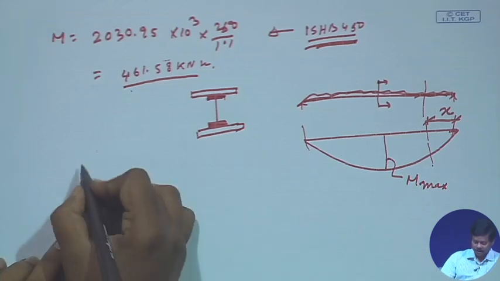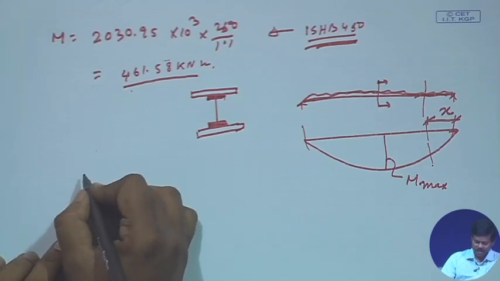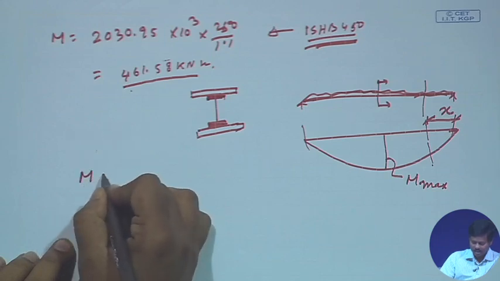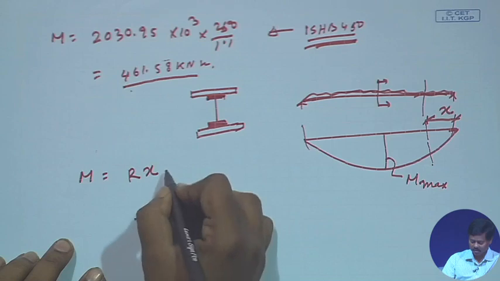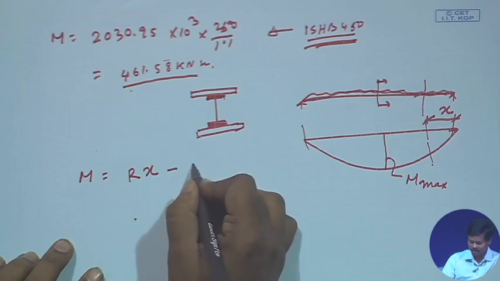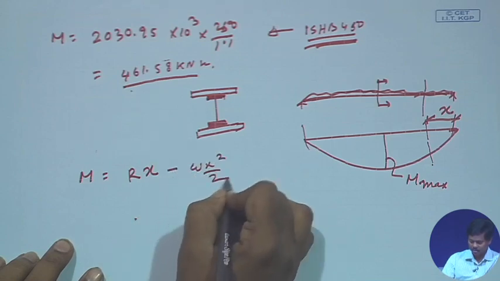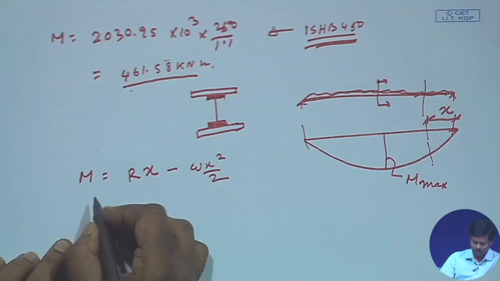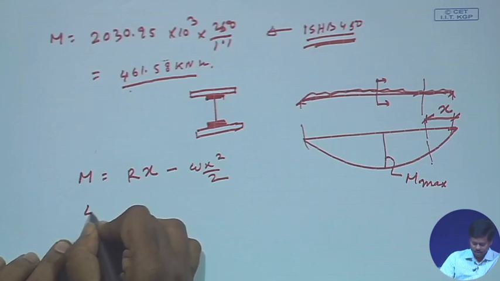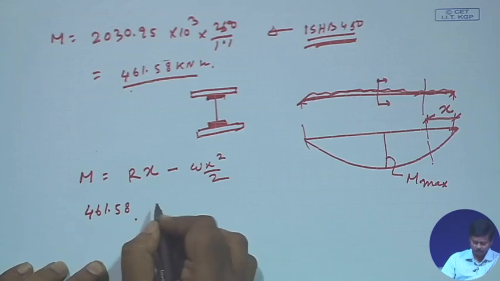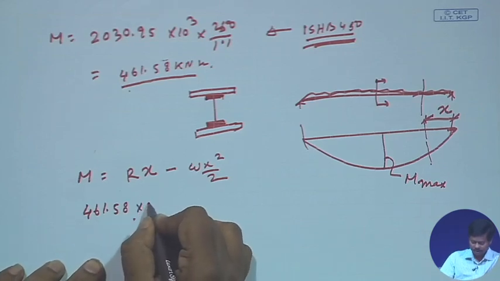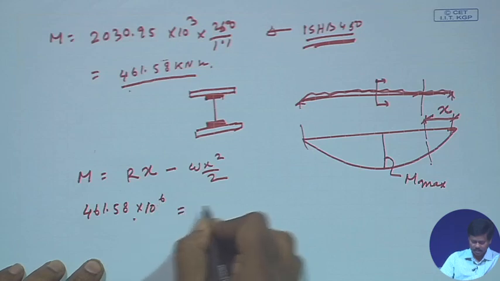So, to find out this distance, we can equate M is equal to, say, the reaction force at the support R into x minus W x square by 2. So, if I put those values, say 461.58 into 10 to the 6 is equal to R into x.